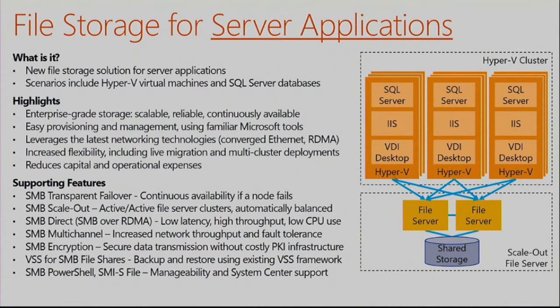Most people believe that's actually shared nothing live migration. It isn't. So how do we do this? It's very simple. When you do these shared nothing things, Hyper-V actually creates a share on the machine where you want to migrate to, and then it moves the data to that share using the SMB protocol, and then it moves over the VM.